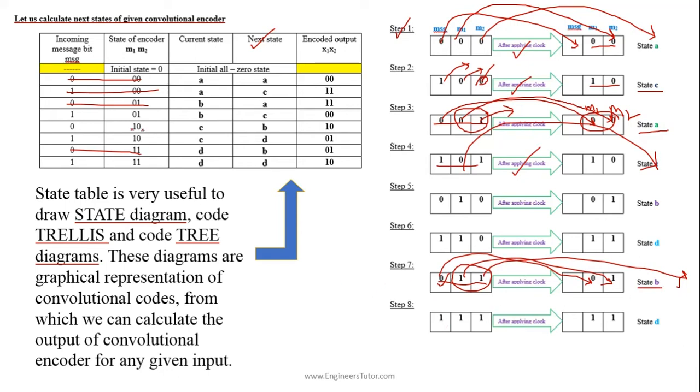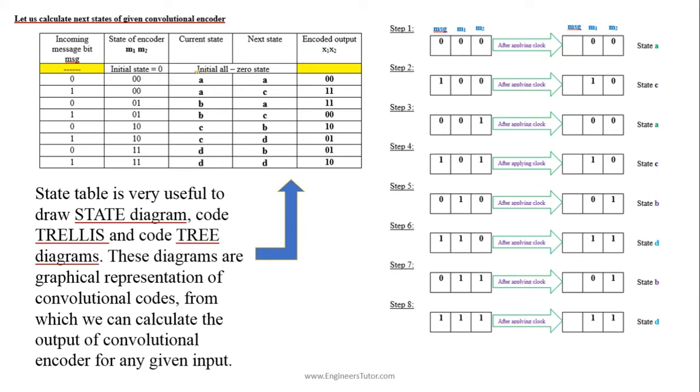Similarly we can find how the state of the encoder changes from the given state to the next state. So this is the initial state of the encoder for all possible combinations of the input and states of the encoder.